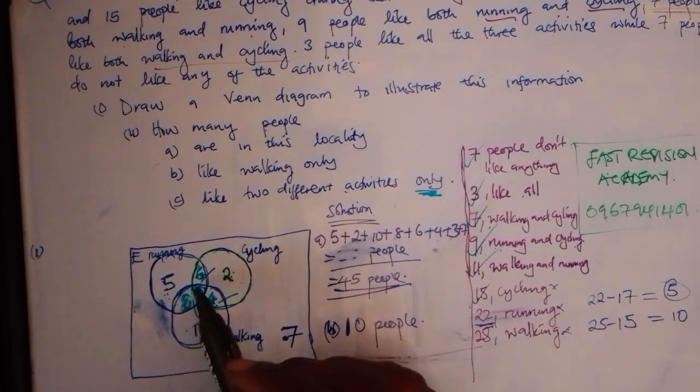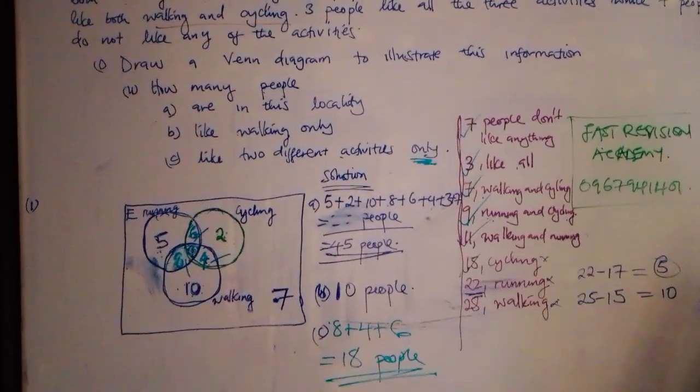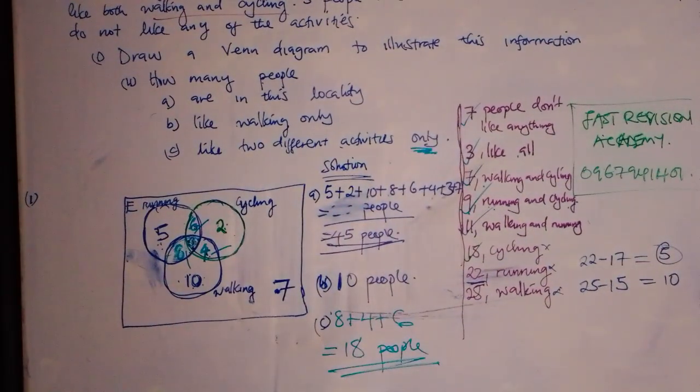So meaning you remove 3. So you say 8 plus 4 plus 6, which gives us 18 people who liked 2 different activities only. So this is how you solve a Venn diagram in paper 2.